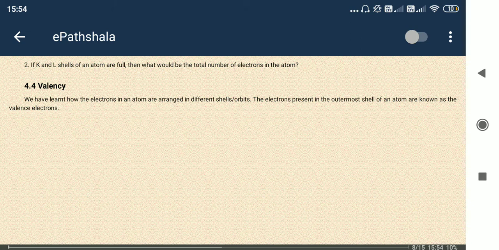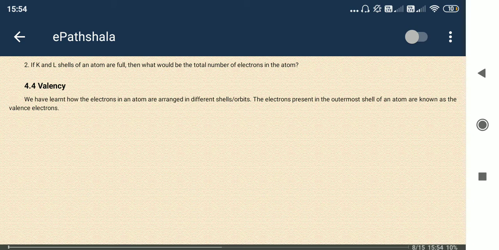So the next one is valency. Valency means how many electrons the outer shell needs to get stabilized. What happens in chemical reactions or chemical changes when an atom interacts with another atom? Usually in the outer shell, there is a specific number of electrons needed for stabilization. So when it is lesser than that number, the tendency of the atom is to collect or get some electrons from outside.